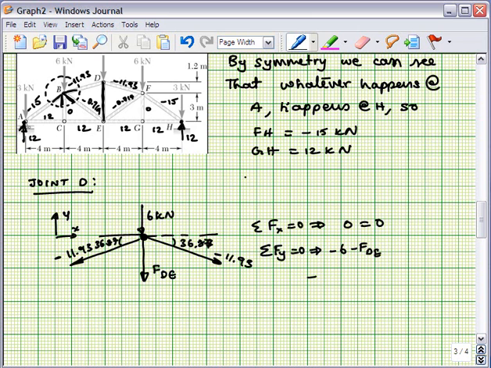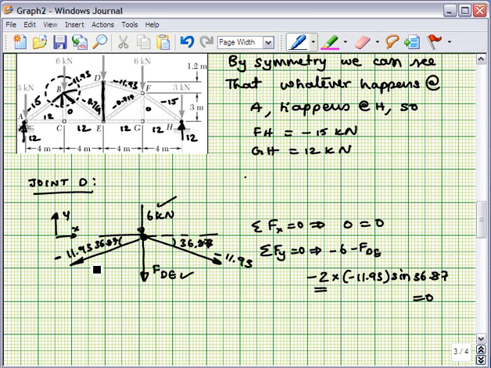And we have done this so many times, so I'm going fast on this because I want you to see how I got this. So I get minus 6, that's done, minus FDE, that's done, these two things minus 2 times minus 11.93 sine 36.87 equal to 0.